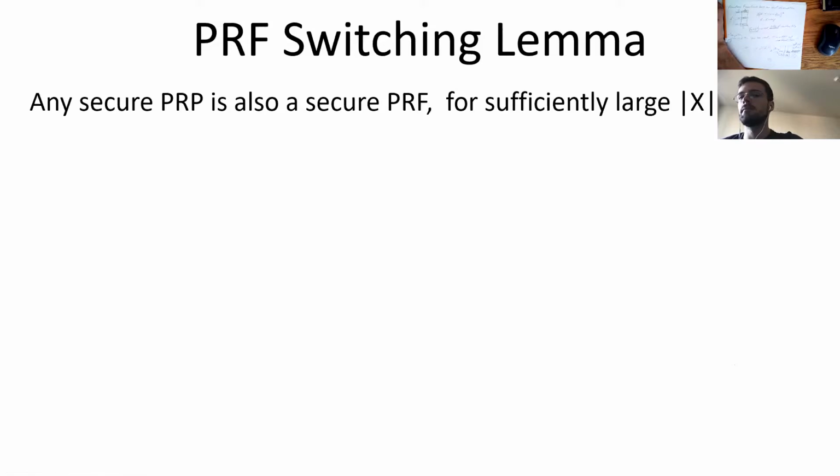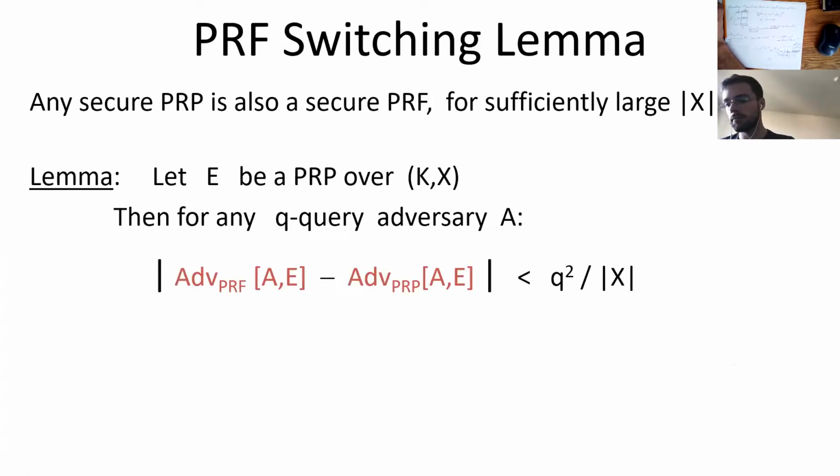Because if the domain is sufficiently large, then it does not matter whether we view them, in the idealized world, as random functions or random permutations. Here is the reason why.